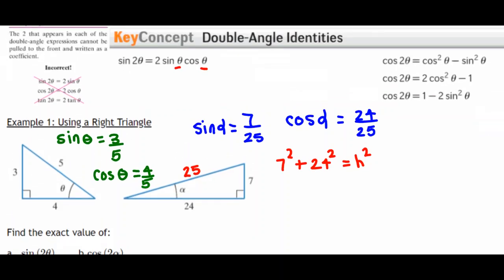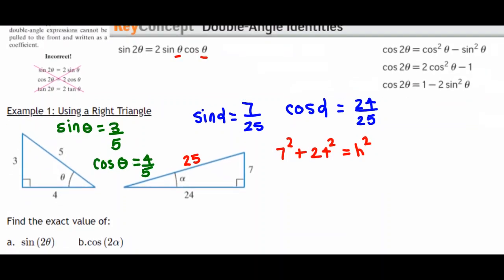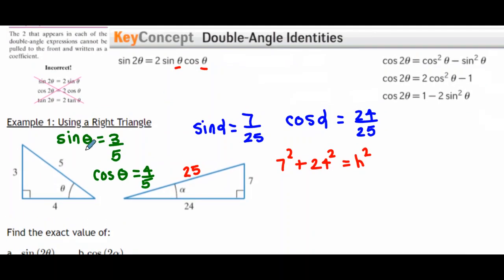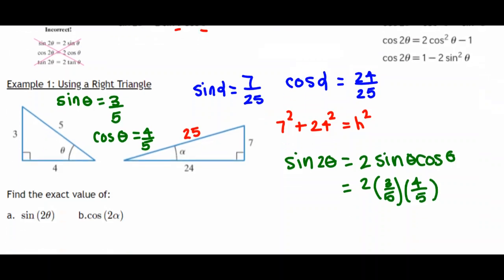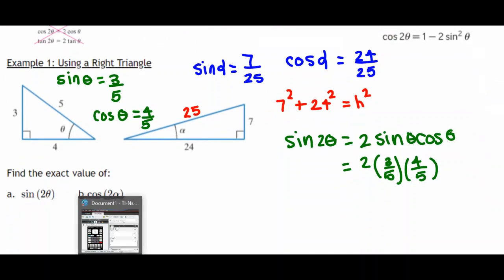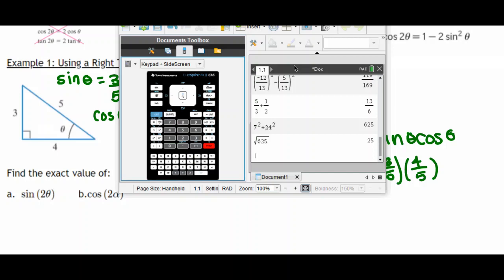To apply our formulas, we're going to start with sine 2 theta. So for the first one, we're just looking at the theta triangle. Sine 2 theta, the formula is 2 sine theta cosine theta. We substitute in our values and multiply those out on our calculator.